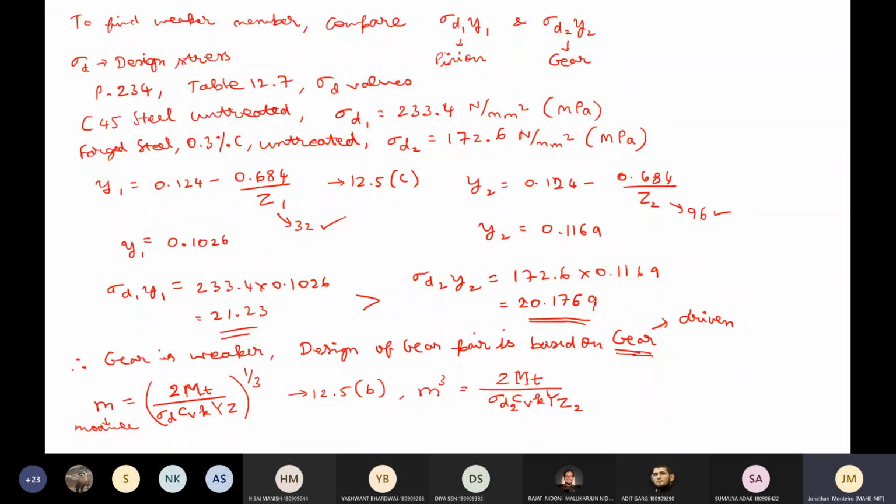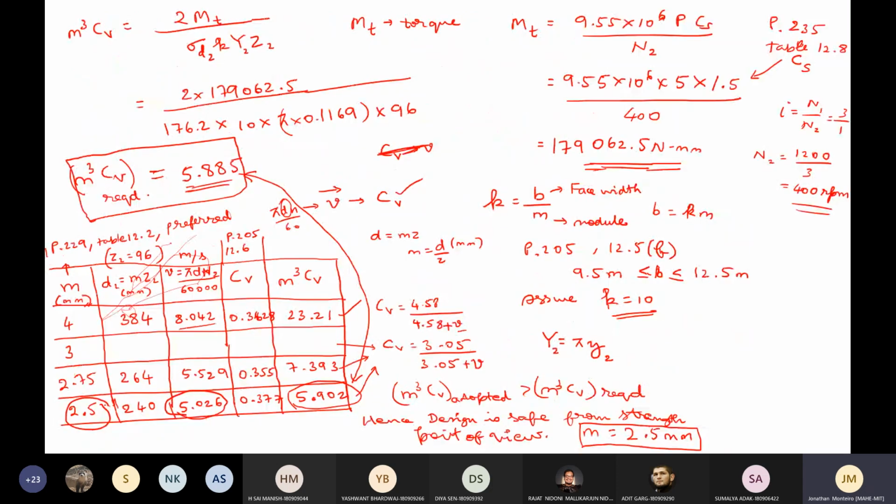This is a standard procedure for all problems: you have to find out which is the weaker member and design for it, and the stronger member will be automatically taken care of because the module will remain the same. Since D was not known, we had to isolate CV as the unknown.